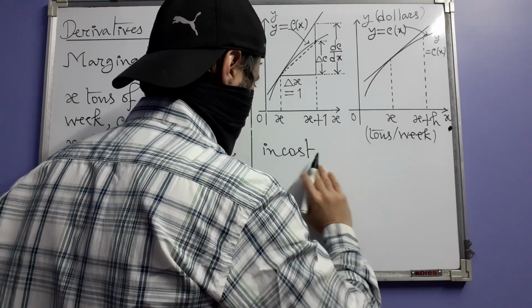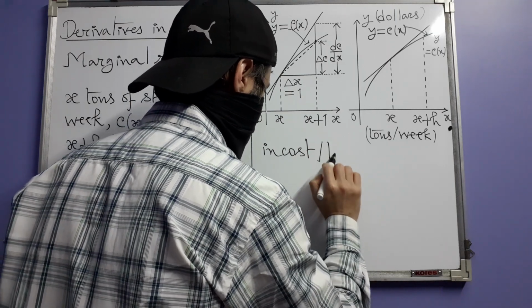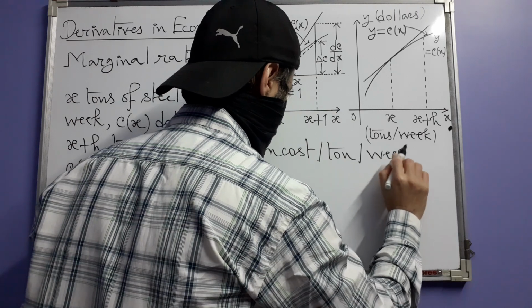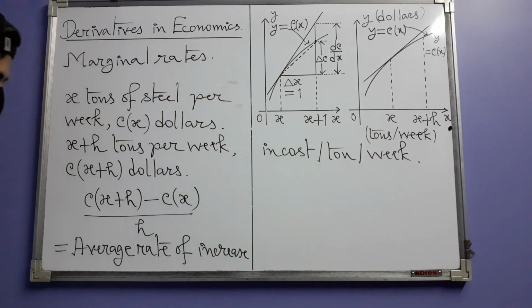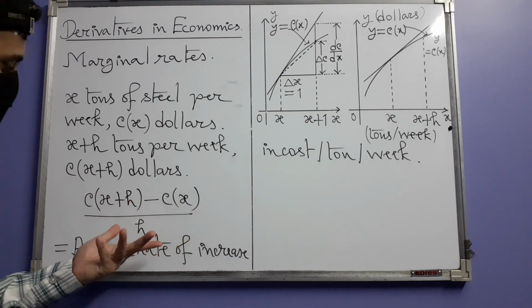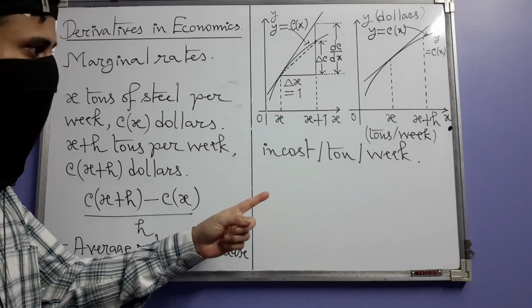I mean, you can write like this also. Okay, so this is the average rate in which cost increases per ton per week.